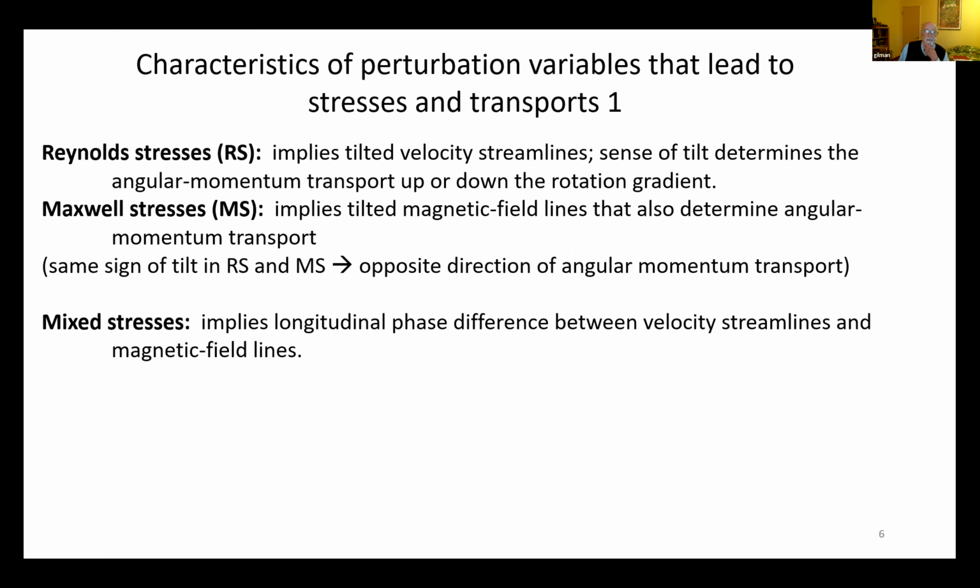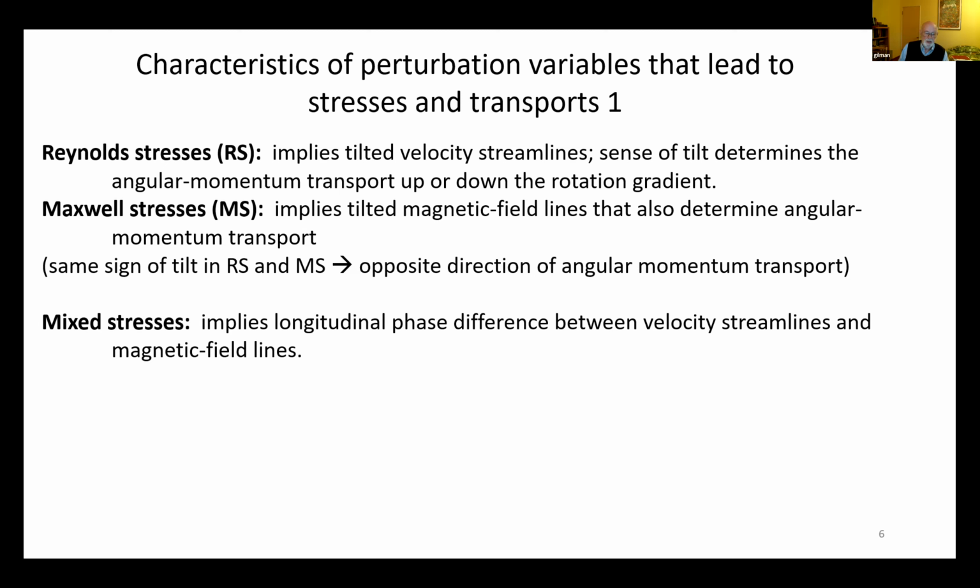So you could go a little bit further into what these stresses look like. Reynolds stresses and Maxwell stresses, if you look at the disturbances, what you will see are tilted velocity streamlines. And the sense of tilt determines the direction of angular momentum transport, either up or down the gradient. Same thing with Maxwell stresses. You get a tilt there as well. Now, if the sign of the tilt in Reynolds stress and Maxwell stress is the same, then these two stresses oppose each other, and that makes a very interesting combination.